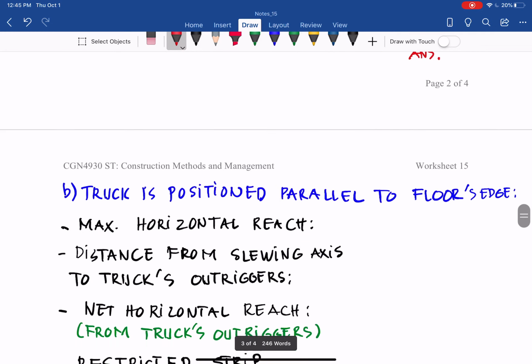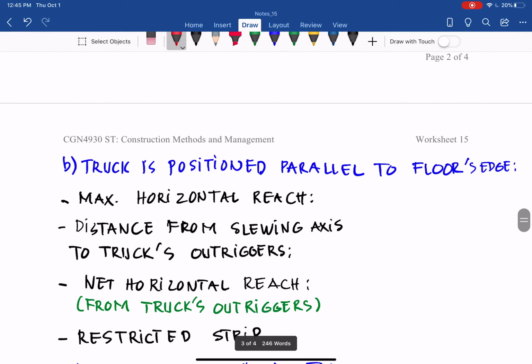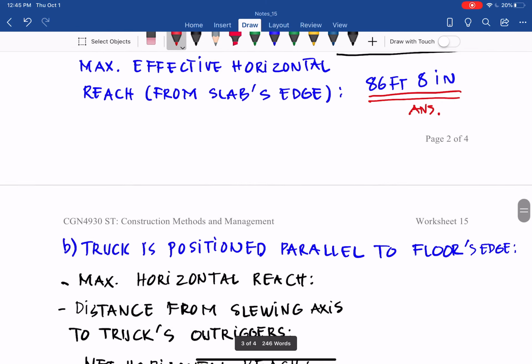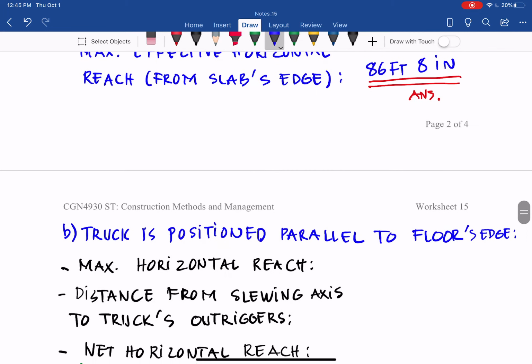Apply similarly for the truck position parallel to the floor edge. So if I show how it goes, assume you have the slab here, and the truck, instead of perpendicular, is parallel, so the truck is here, and we still have the outriggers that you have here to avoid overturning, and the boom will be from the slew axis to here.